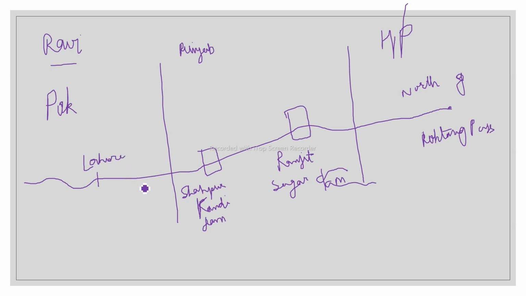Okay, and from here it is going to join Chenab. Chenab is studied, right? So it is going to join Chenab, which is finally going to join Satluj and Indus like this. Okay, so this is how the important dams along with the course of river Ravi are there. Okay, now the next river that we have to study is river Beas.